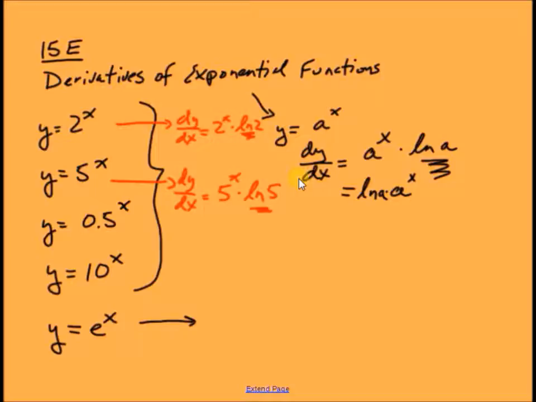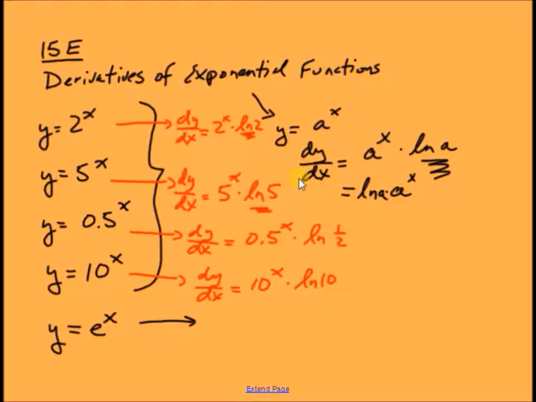Okay, so on and so on. The derivative of 0.5 to the power of x will be 0.5 to the power of x multiplied by ln 1/2. And the derivative of 10 to the power of x is 10 to the power of x multiplied by ln 10.